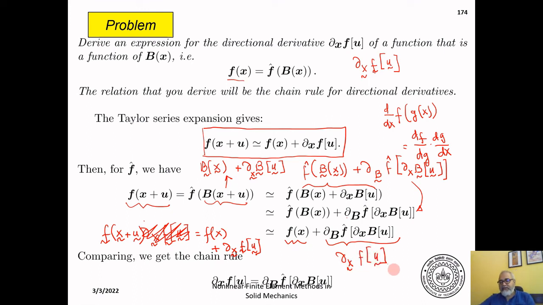If you have to calculate the directional derivative of f in the direction of u, where f is a function f hat of b of x, you first have to take the directional derivative of b with respect to u, and then take the directional derivative of that with respect to b, which is exactly analogous to what we did for the ordinary derivative here. So this is the chain rule for directional derivatives.